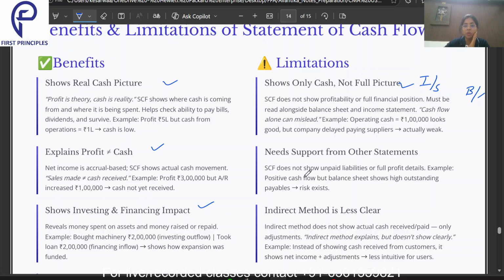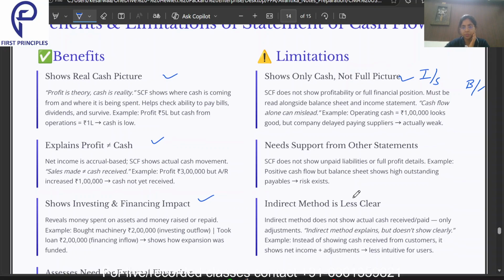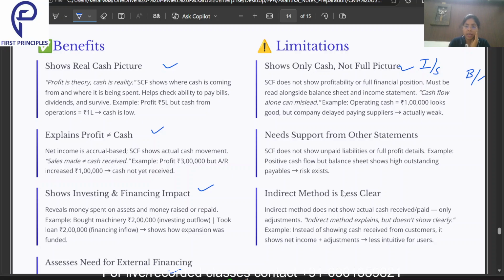Example: positive cash flow, but the balance sheet shows high outstanding payables, so risk exists. Why? Because the statement of cash flow will not show in itself what is outstanding, that is, what our liability is. It will need the support of other statements like the balance sheet or income statement.